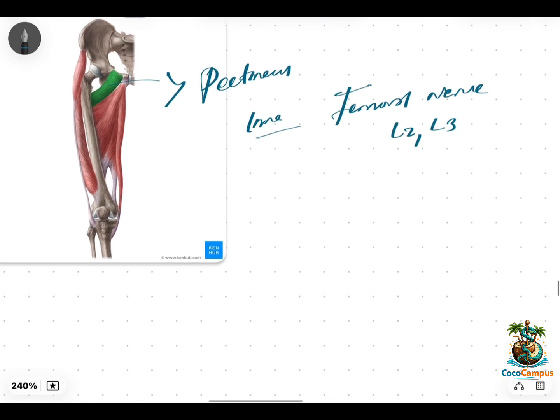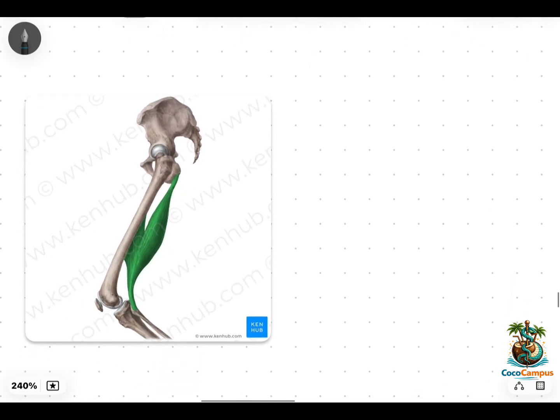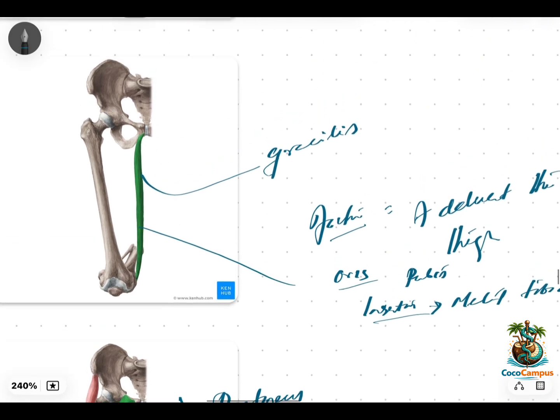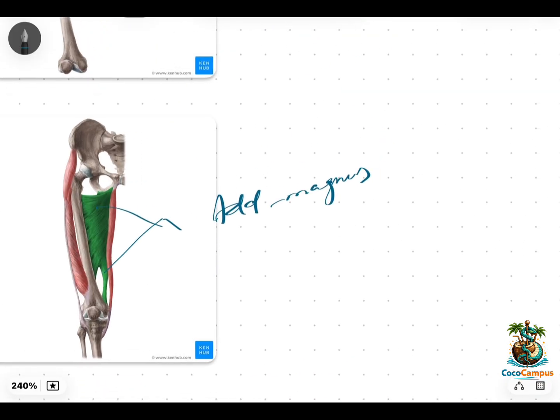And also let's go to adductor magnus, who is a double agent. For the adductor part, it's the obturator nerve. And for the hamstring part, a tibial division, sciatic nerve.